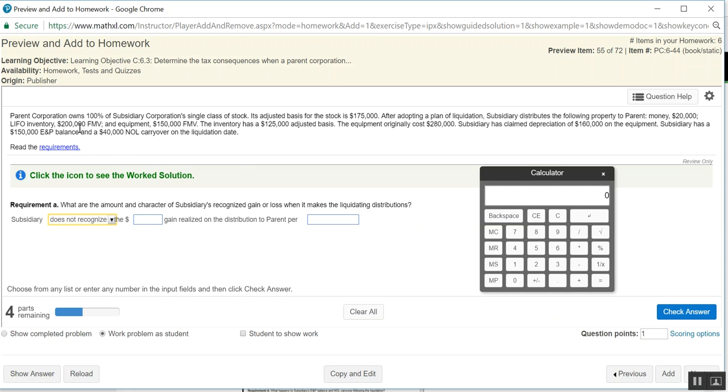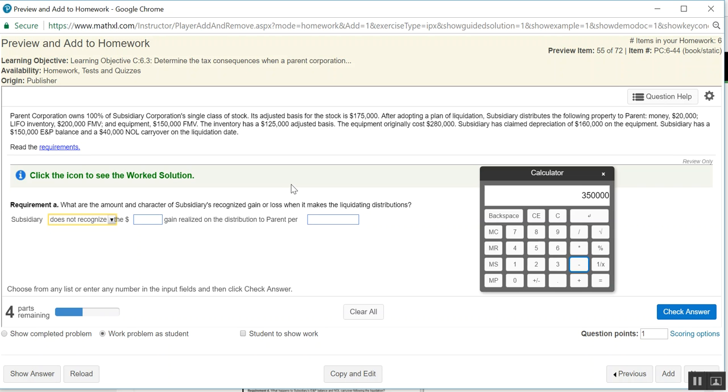It saves us a little bit of time. For the inventory, the fair market value is $200,000. And we add to that the fair market value of the equipment, which is 150,000. So our total amount realized is 350,000, and we subtract from that the bases of the inventory and the equipment.